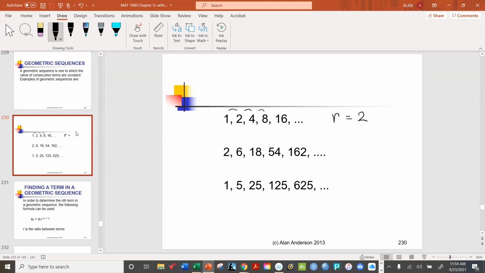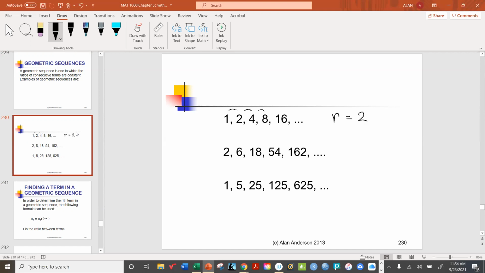And so we say that the common ratio is 2. In other words, what I'm doing is doubling each number as I go along. So 2 is 2 times 1, 4 is 2 times 2, 8 is 2 times 4, et cetera, et cetera. Here we say the common ratio is 2. Therefore, this is a geometric sequence.